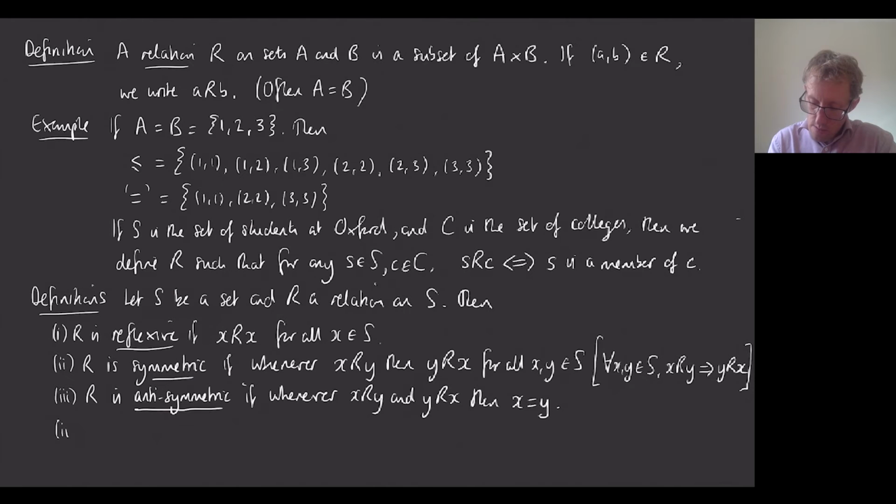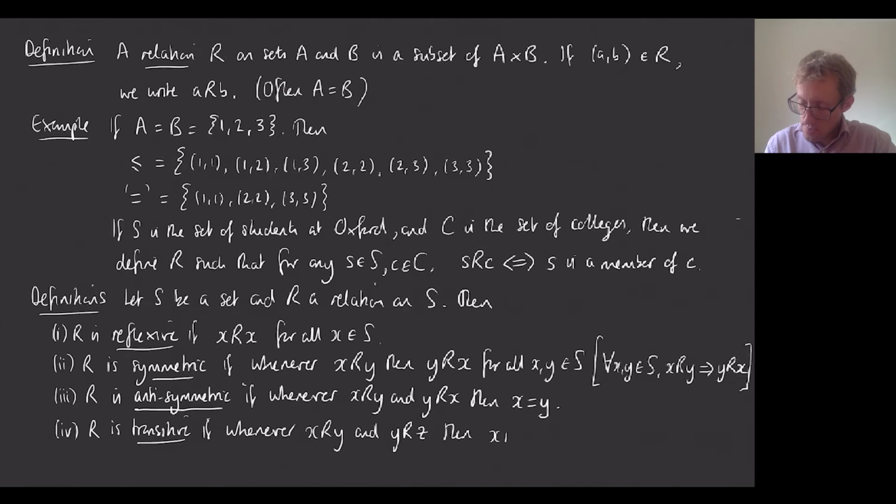Okay, and the final one is going to be transitive. So R is transitive if whenever x is related to y and y is related to z, then x is related to z. So that's what it means to be transitive.